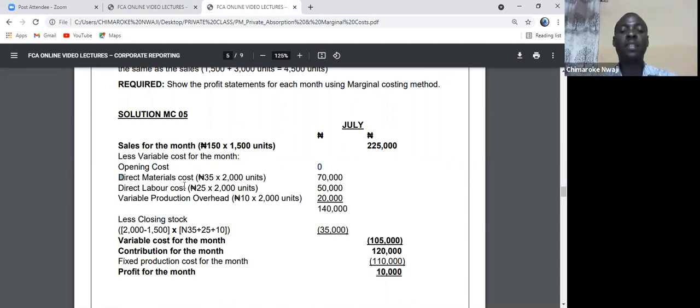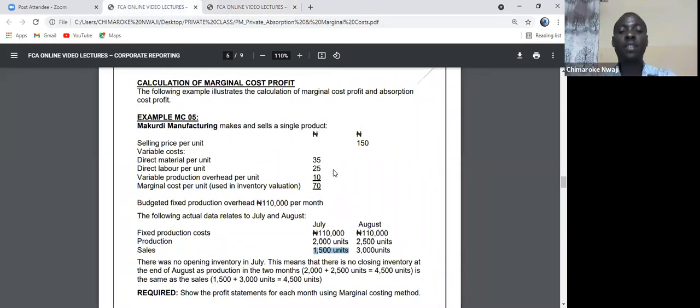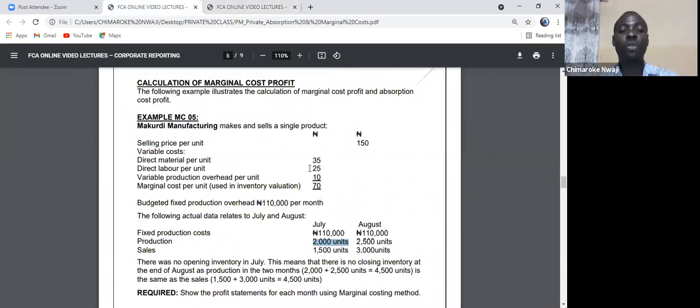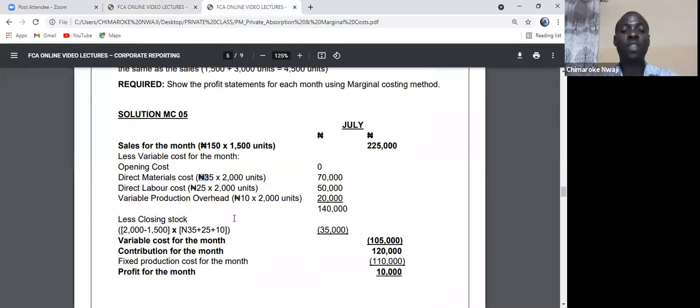Direct materials: we were told that direct material is 35 naira per unit, and for July we produced 2,000. So 2,000 times 35 gives you 70,000. For direct labor, we used 25 naira times 2,000, which gives us 50,000.